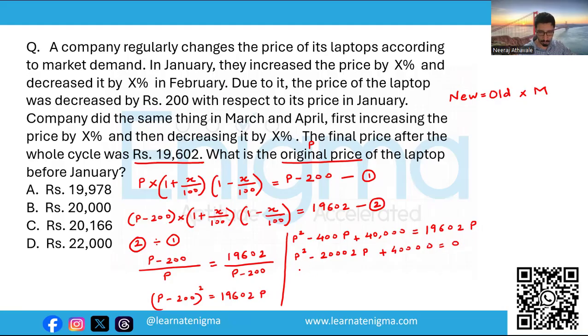So factorizing this quadratic equation, we will get P minus 20,000 into P minus 2 is equal to 0. So therefore we have P is equal to 20,000 or P is equal to 2.